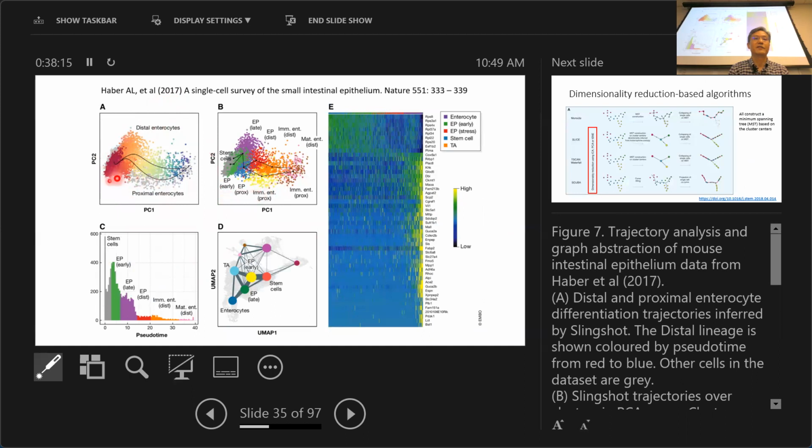They have a PCA, and then you try to find some kind of trajectory within there. I don't know how they do it, but they just do that. And they have UMAP, and the UMAP is a cloud, and they construct. Well, they convince themselves, but it's difficult to see any trajectory.